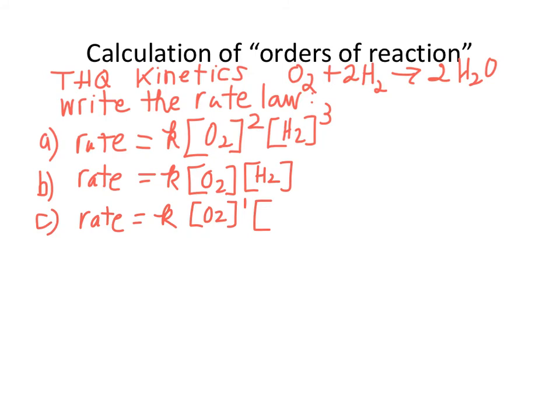So when we change H2 concentration, if we double it or quadruple it, but the rate is unchanged, that means H2 is 0 order. And therefore then, if we're writing the rate law, it's going to be equal to K times O2. Because H2 to the 0 is really a 1.